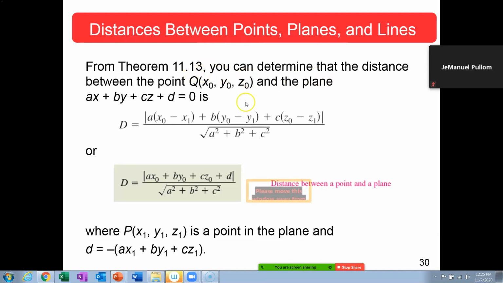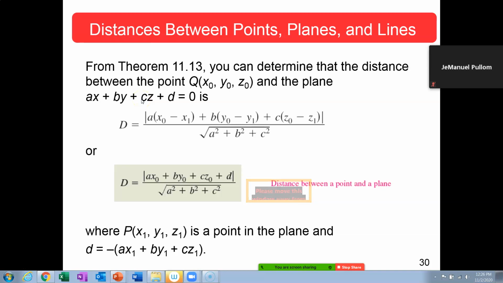You can determine the distance between some point Q, x0, y0, z0, not in the plane, and the plane ax plus by plus cz plus d is equal to 0, where your direction numbers are a, b, and c.